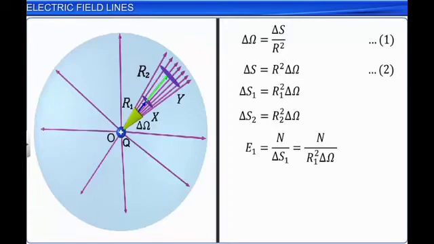Let this be equation 3. Similarly, electric field strength E2 at Y is equal to N by delta S2 equal to N by r2 square into delta omega. Let this be equation 4.